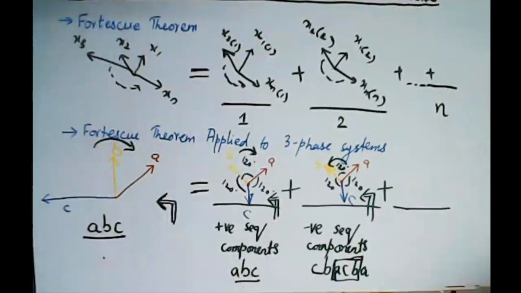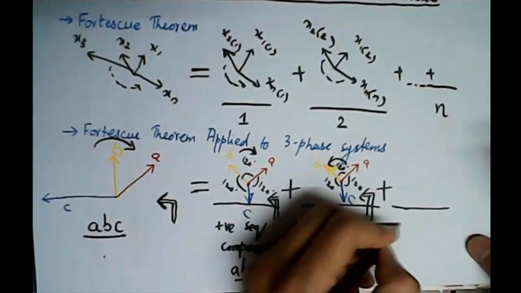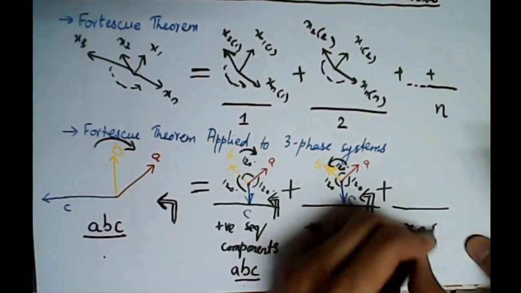I hope it's clear. And the third set of phasors is called zero sequence components.